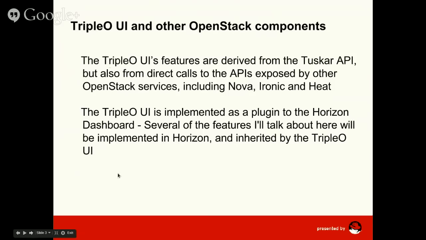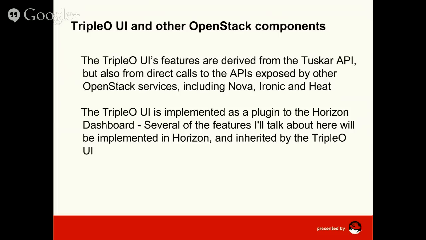So the capabilities that the TripleO UI exposes come from the Tusker API, but also from a set of other underlying APIs for OpenStack components.